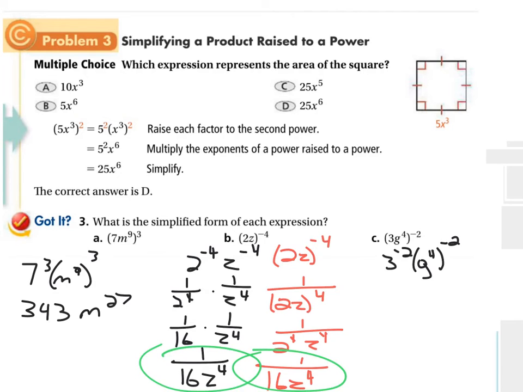So we could move that to the bottom, 1 over 9, because the negative puts it on the bottom, and 3 squared is 9, times, and we'd have that negative putting this whole thing on the bottom, and we raise g to the 4th to the 2nd power. g to the 4th raised to the 2nd power is g to the 8th. And multiplying them together, we get 1 over 9g to the 8th.